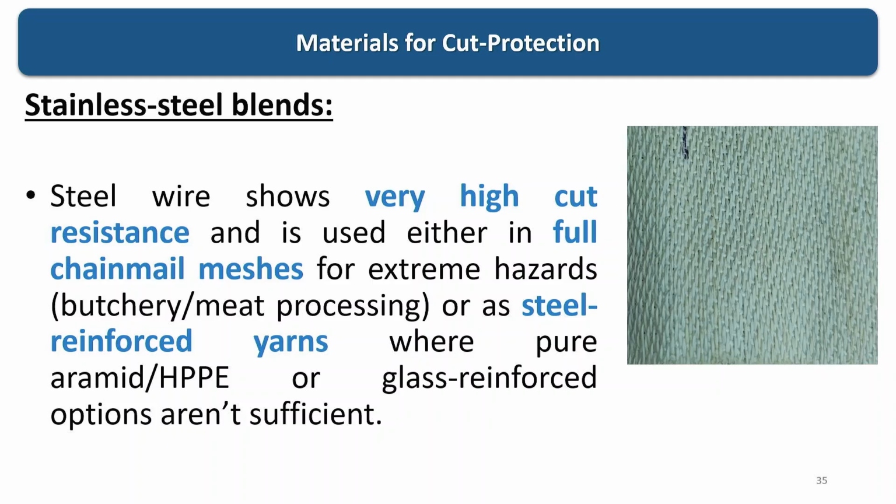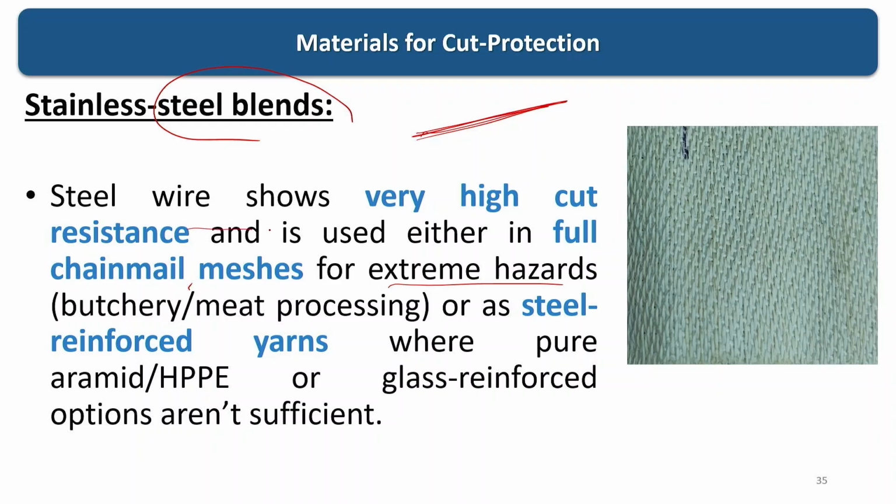Its blends means that only stainless steel is not used normally, but in some extreme cases where extreme hazards are there, like meat processing and butchery, we use 100% steel wire.